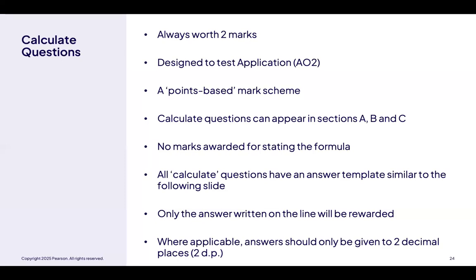So on screen in front of you, on the left-hand side, calculate questions. Again, consistency: always worth 2 marks. I've shown you the formula that will be used, the calculations that will be required. It tests AO2. It's a points-based mark scheme. We're going to have a look at the mark scheme.